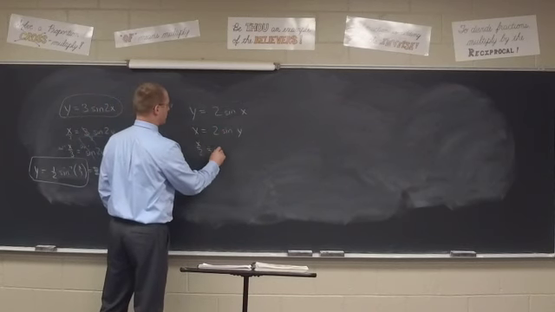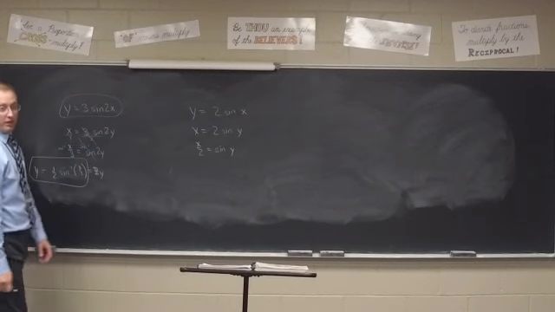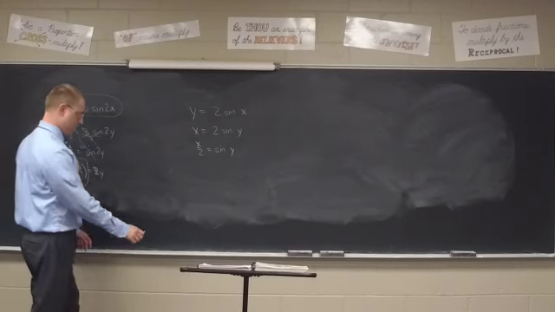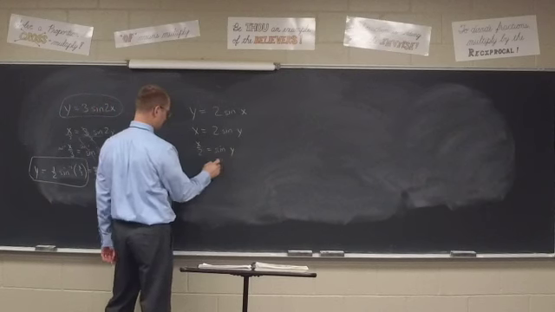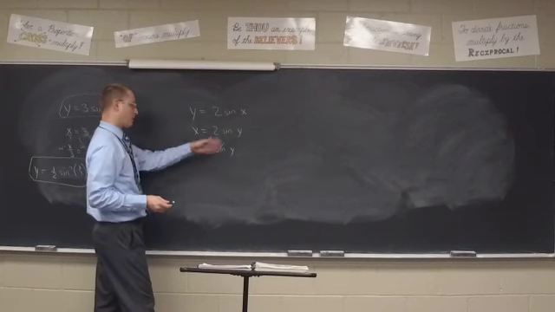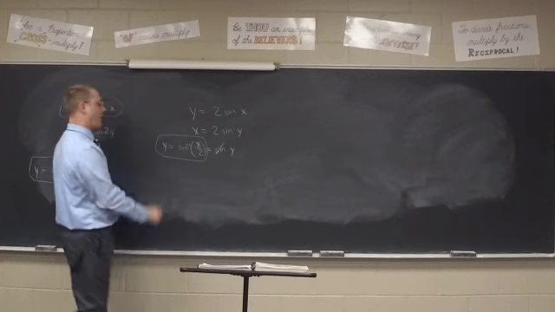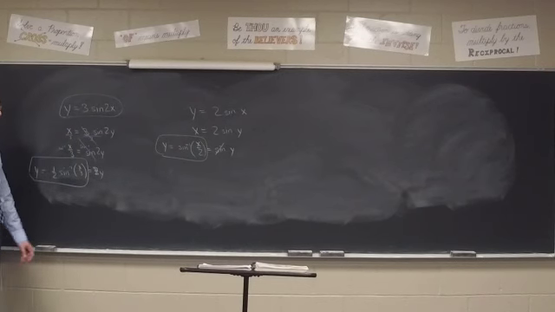Divide it away. X over 2 equals the sine of y. Then we take what's called arc sine, the inverse sine, of both sides. So here I show that I'm taking the inverse sine by crossing it out, and I'm done. Or I could put the y over here if I just wanted to look neater and say y equals the arc sine of x halves.